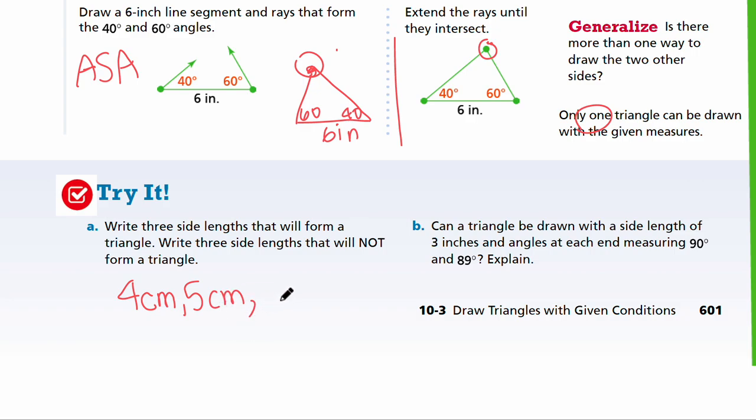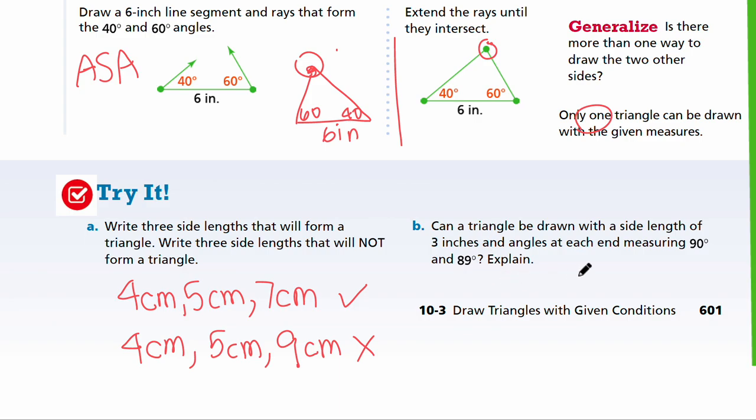It must be smaller than 9. So 7 or 8, right? So that combination is a triangle. And for a combination that will not form a triangle, let's do the same thing, 4 centimeters, 5 centimeters, and then exactly 9 or bigger than that. It will not form a triangle.